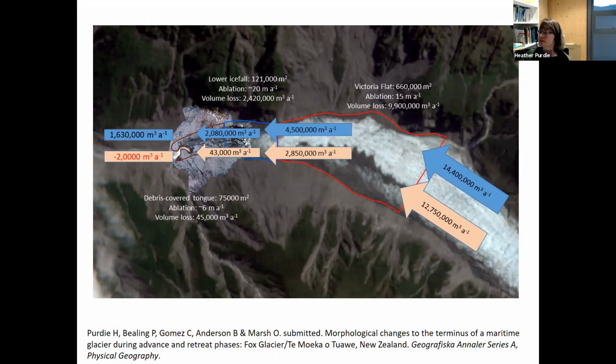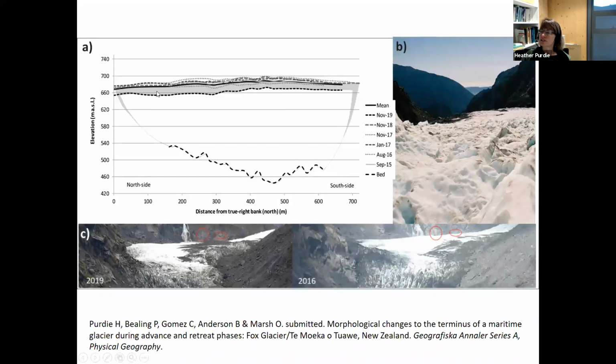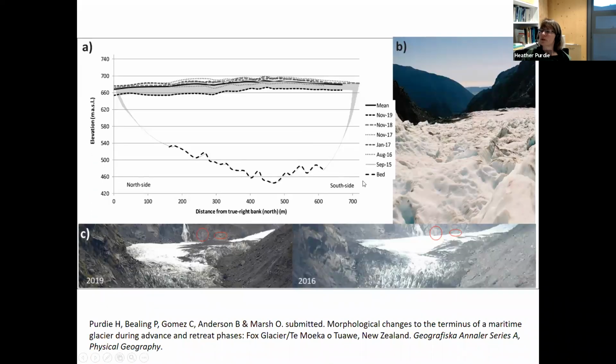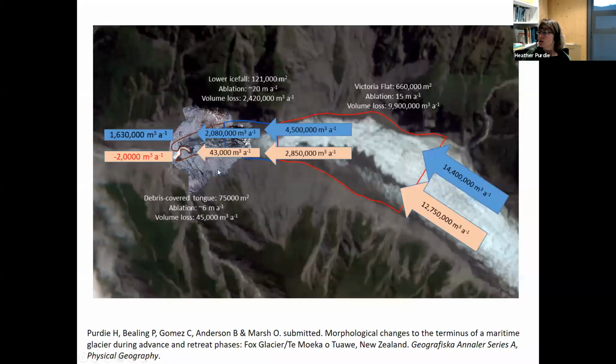And what we found is that if we use the average ice flux we've been getting through the lower tongue over the last 5 years, then that's more than enough ice to sustain this lower portion. But if we use the most recent surface elevation and recent mass flux, we don't have enough ice to fill this lower tongue.